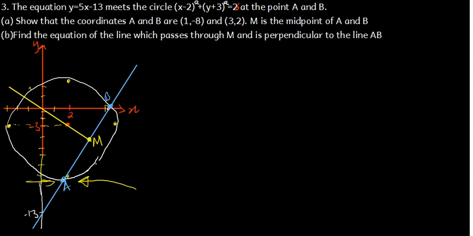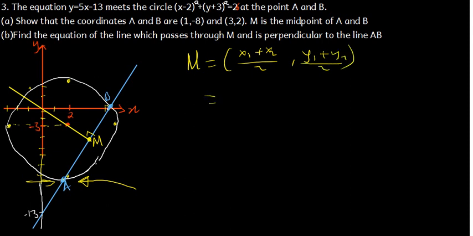Okay, let's go on and see how we are able to do that. So it's making 90 degrees here. So the first thing that we want to find is the value for M. Now M is a midpoint, and how do we find midpoint? Midpoint is given by x1 plus x2 divided by 2, then y1 plus y2 divided by 2. So x1 we've seen is 1, x2 is a 3.